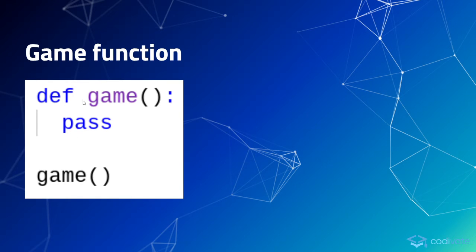We still need to brainstorm what exactly is going to go inside this function. So for now, we're just going to put a pass that tells the compiler as I'm going through the lines, just pass over this line. Don't worry about the fact that there's nothing inside this function. Don't give me an error. But once we're done with this, we'll write all of our code for the gameplay inside this function, and at the end, we will just call the game function like so. Name of the function, parentheses.